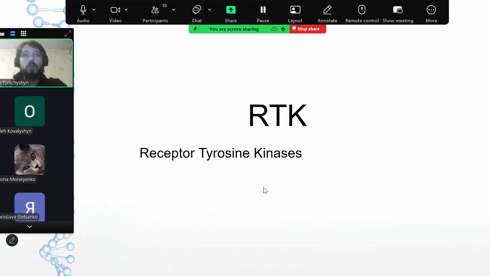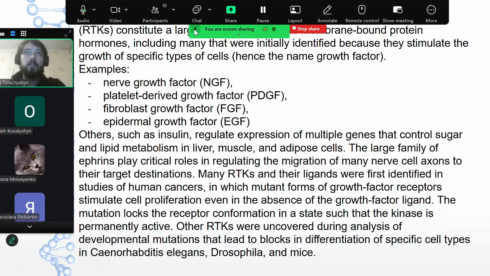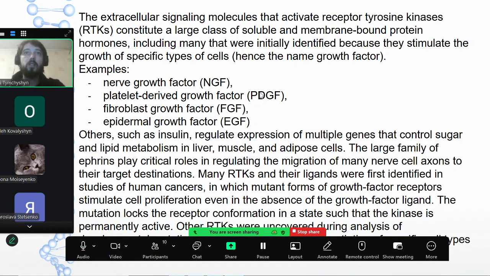One more large class of receptors: receptor tyrosine kinases. These are receptors that have some sort of kinase activity. The extracellular signaling molecules that activate receptor tyrosine kinases constitute a large class of soluble and membrane-bound protein hormones that were initially identified because they stimulate the growth of specific types of cells, hence the name growth factor.